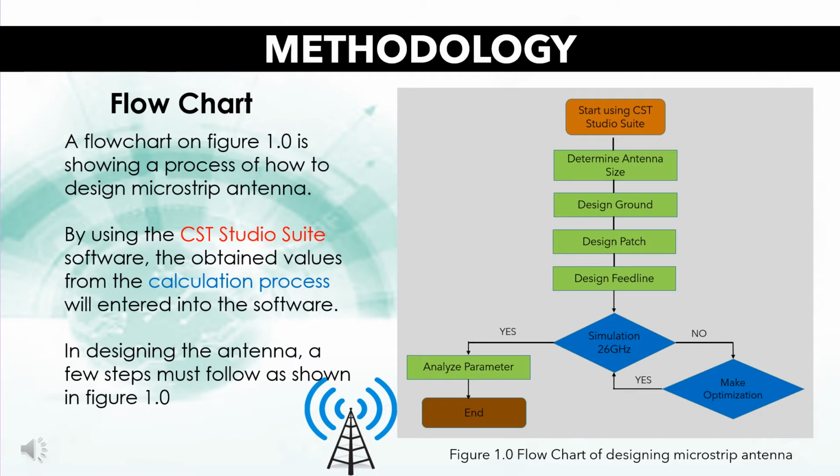The antenna design process begins with determining the ground design, followed by patch design. Then the simulation process is carried out. If the required frequency value is not successfully obtained, an optimization process needs to be performed. Once the required frequency value is obtained, the parameter analysis process will be performed.